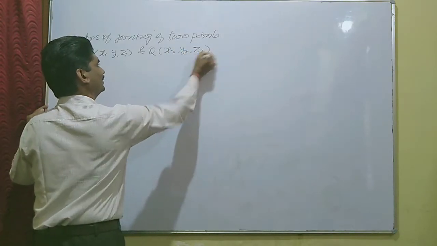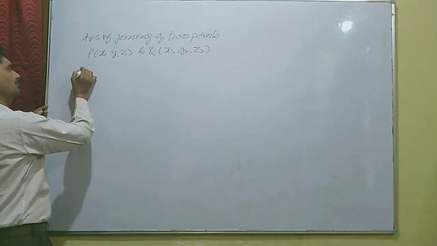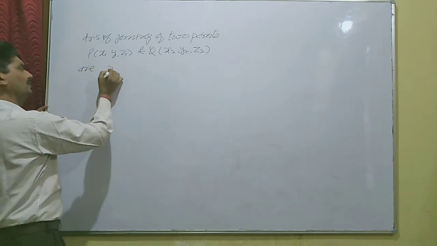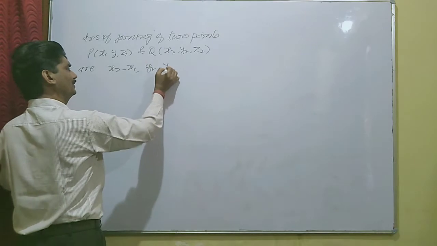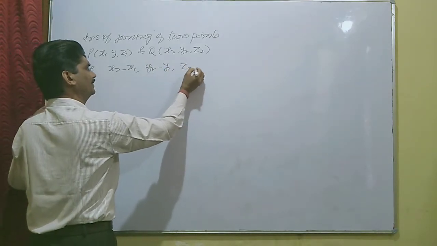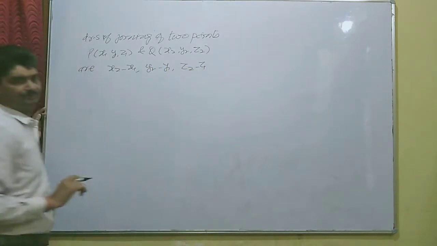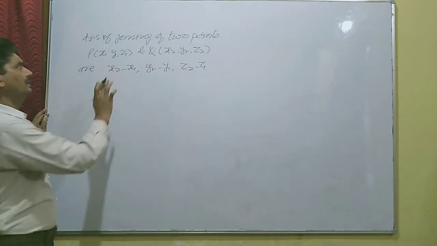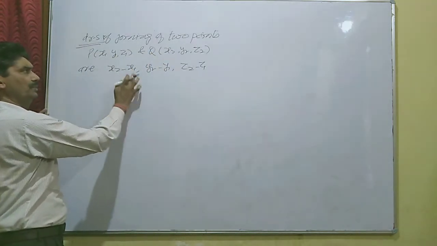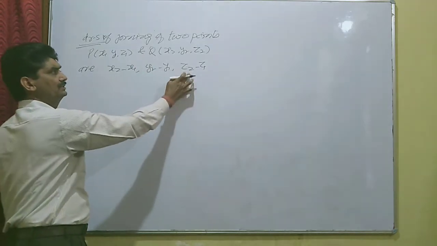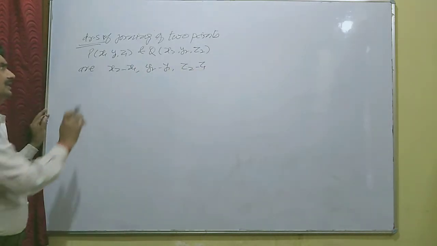Okay, so the direction ratios of the line joining these points are x2 minus x1, y2 minus y1, z2 minus z1. Very simple. This is the direction ratios of the line joining 2 points: x2 minus x1, y2 minus y1, z2 minus z1.